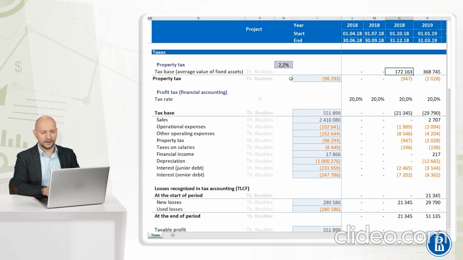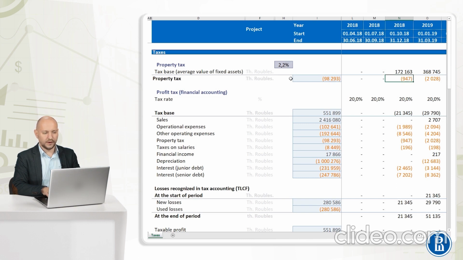So we take the value of fixed assets at the end of the third quarter. Then we add the value of fixed assets at the end of 2018. We sum them up and divide it by 2. This way we have calculated tax base here.